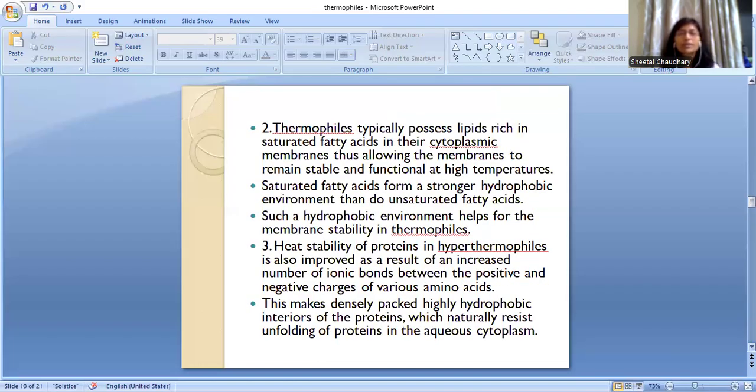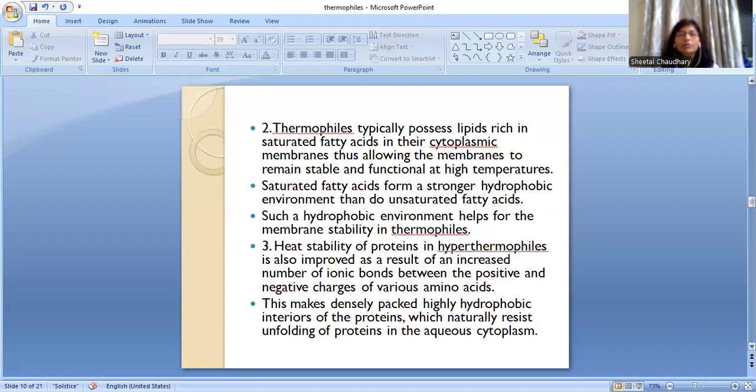Thermophiles typically possess lipids rich in saturated fatty acids in their cytoplasmic membrane, thus allowing the membrane to remain stable and functional at high temperatures. Saturated fatty acids form a stronger hydrophobic environment than do unsaturated fatty acids. Such a hydrophobic environment helps membrane stability in thermophiles.